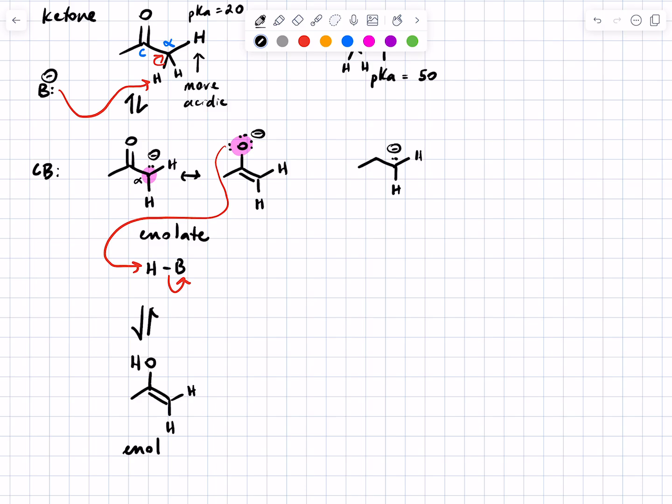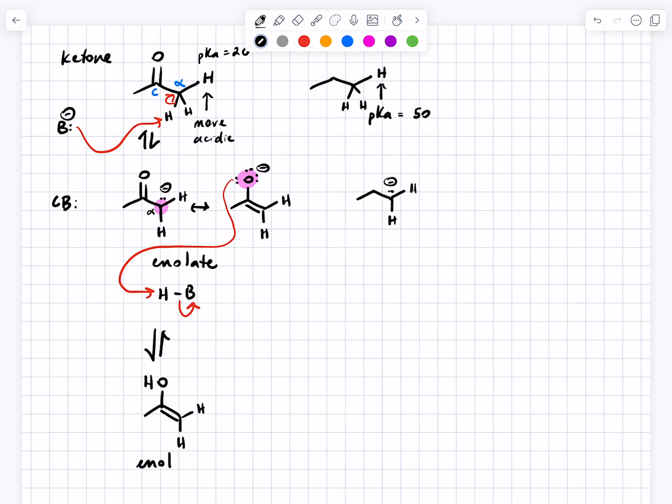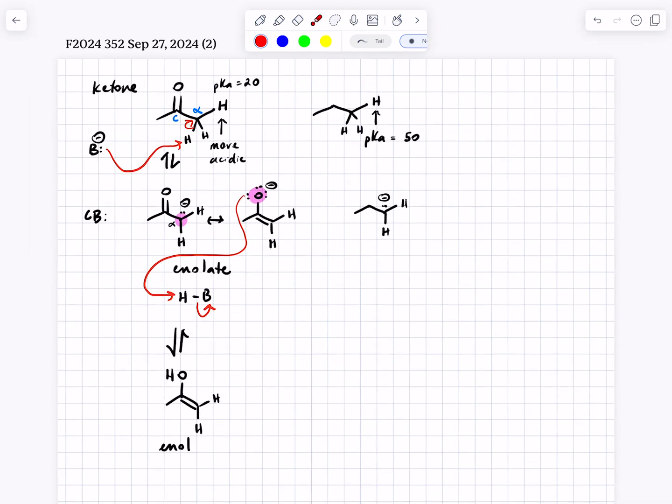This is called an enol. And what I intend to show you through this is that the ketone is in equilibrium with an enol. Those two are actually isomers of each other.